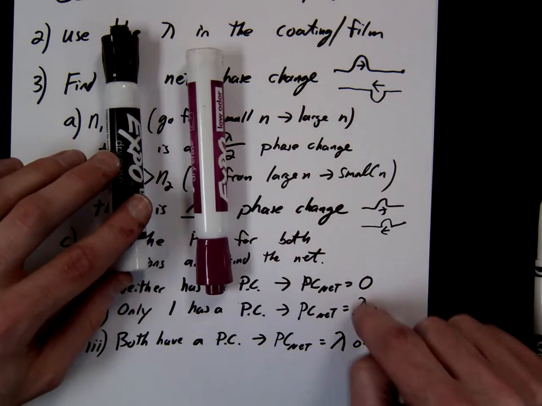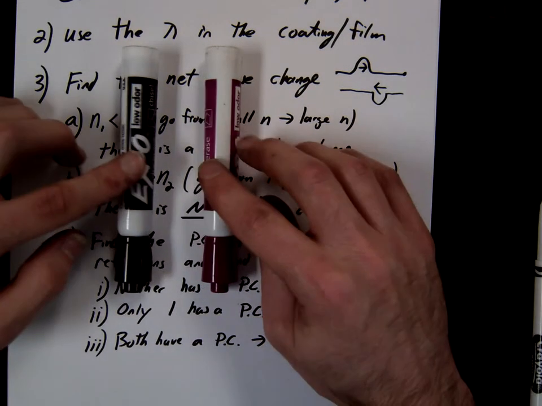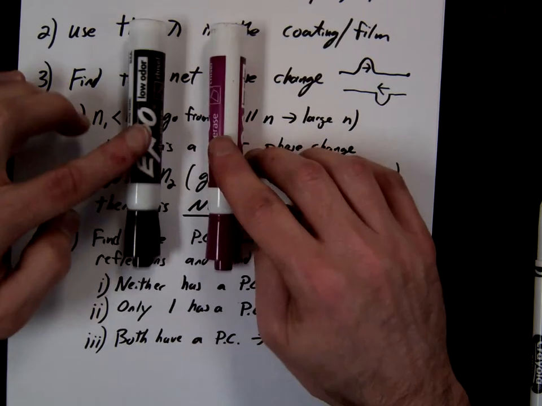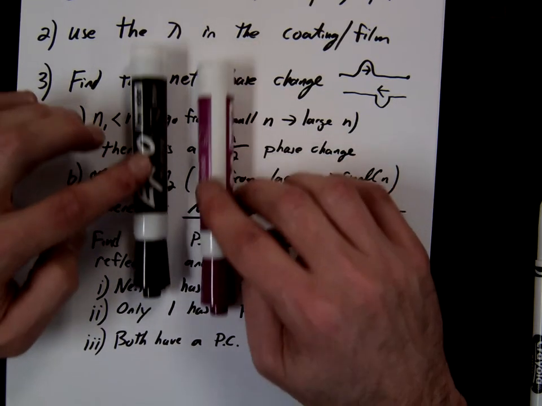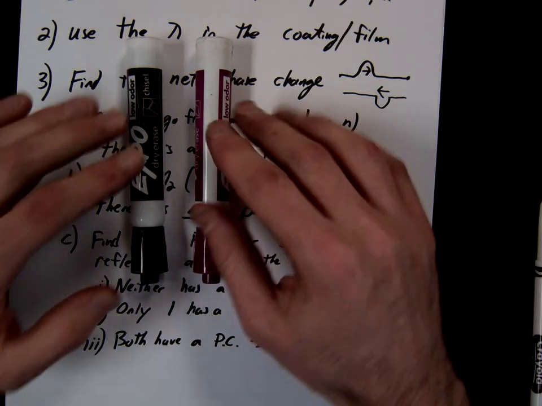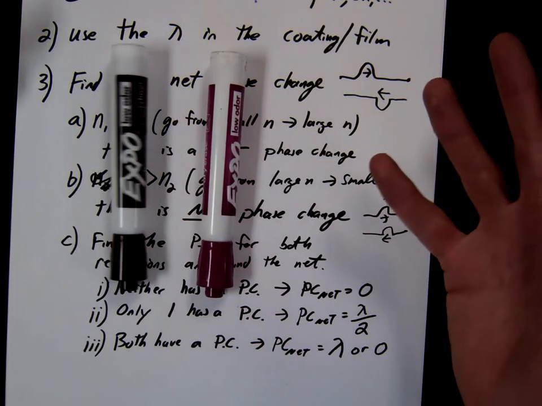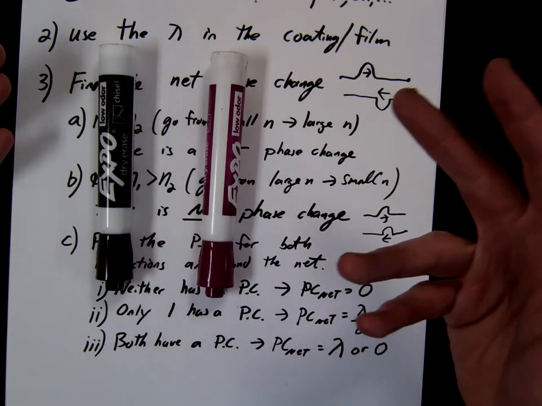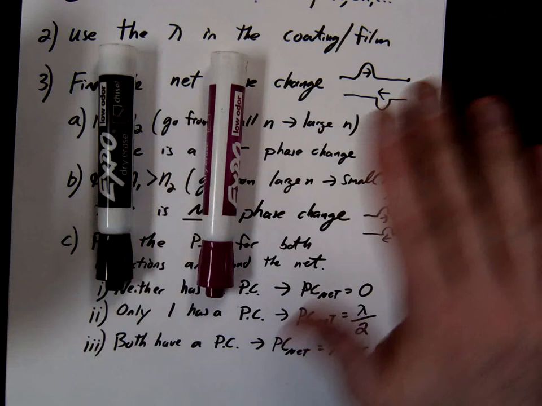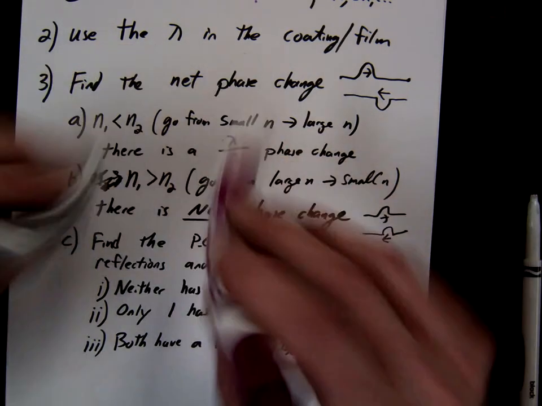But if they both flip, notice they're back in the same direction, so you don't have to account for the half. So either there's one full wavelength, or since they're both in the same direction, there is no net phase change. They're both moving the same way. So you can use either one, whichever one makes more sense to you. Just use it that way, and they both work.